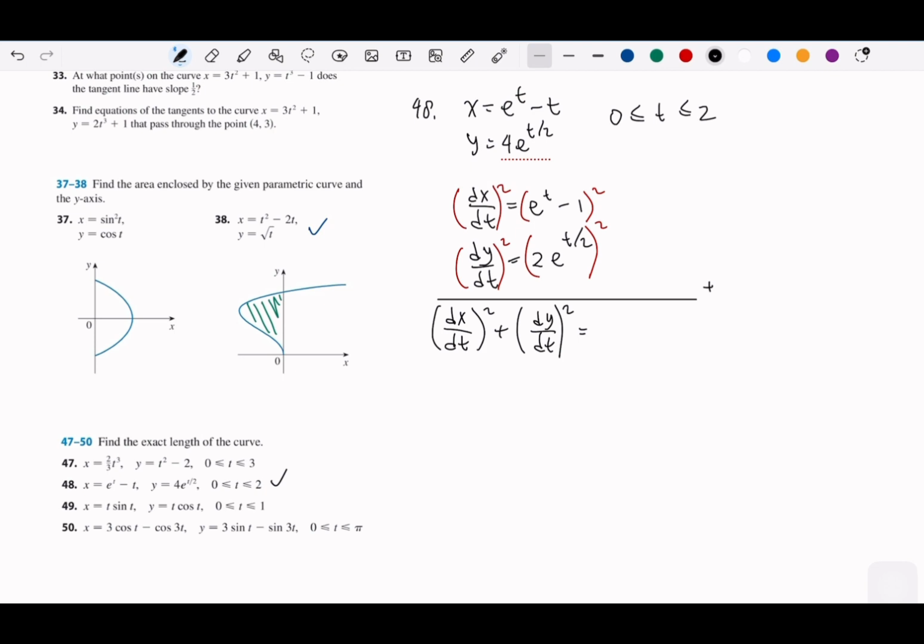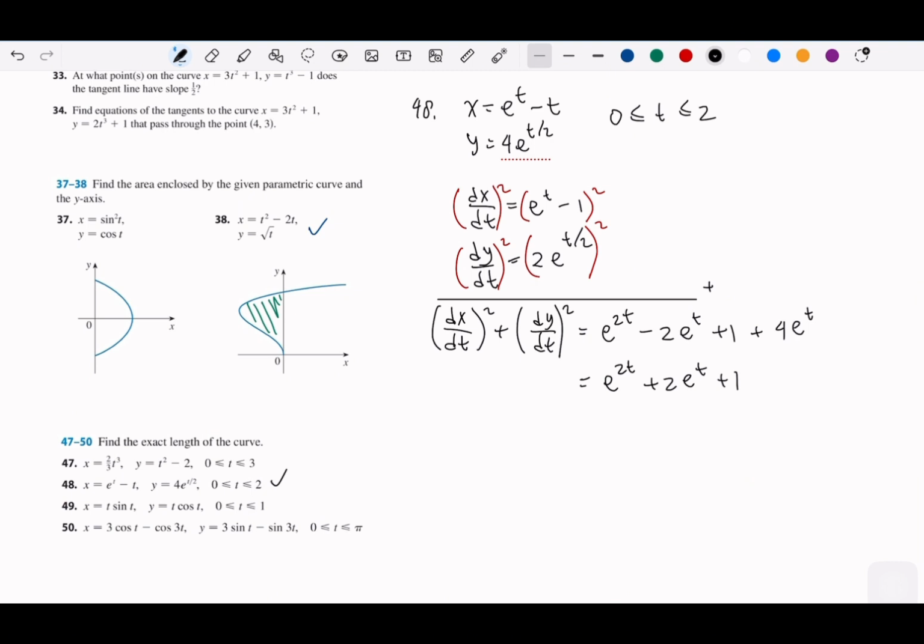Let's open up the quadratic and make an expansion: e to the 2t minus 2e to the t plus 1, and then plus 4e to the t, and then simplified, plus 2e to the t plus 1. Now notice that it is exactly the pattern that I suspected.